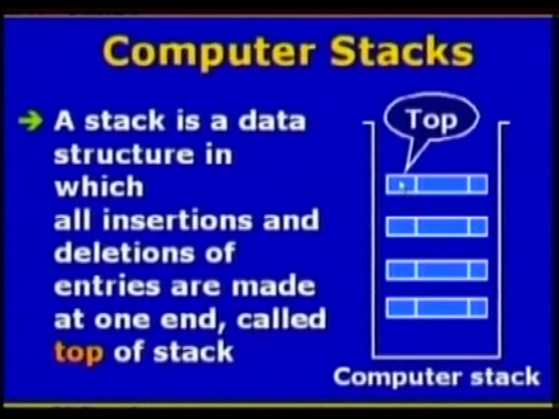Typically when you go to the cafeteria, you're not going to go to the tray at the very end of the stack, but rather you're going to grab one from the top. Hopefully you're going to grab the top shirt to wear it. Otherwise you're going to make a mess. And that's how we always access stacks. We always go to the entry, or the element, or the object on top of the stack. So we always go to the so-called top of stack for accessing the stacks in computers.